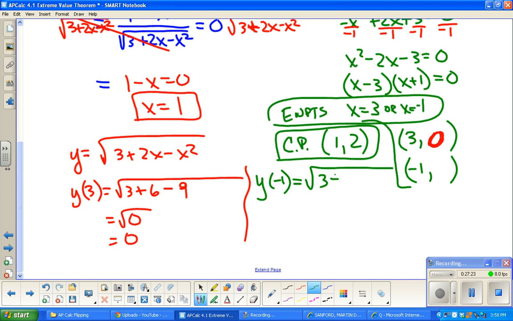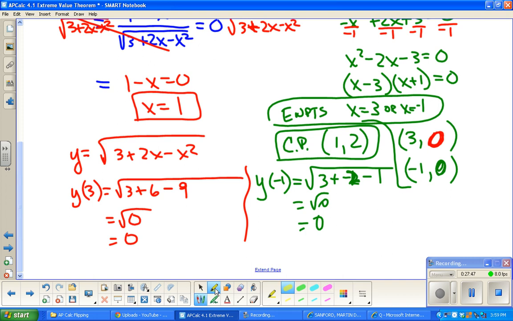I'm sorry, 3 plus 2 times negative 1 is negative 2, minus 1 is the square root of 0, which equals 0. That should have been obvious, because I just solved the inside equaling 0. Duh. That's okay, we tracked it through.